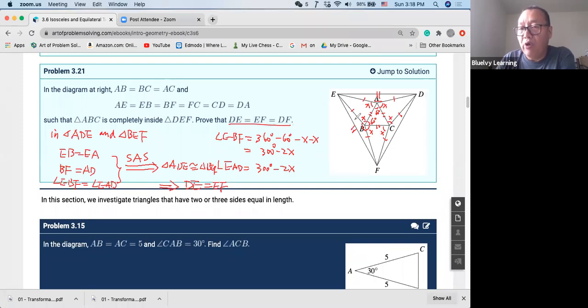So the key point is to find these two angles are the same. Here it's a little bit tricky because usually you try to find a number for that angle, but here you don't need to do that.